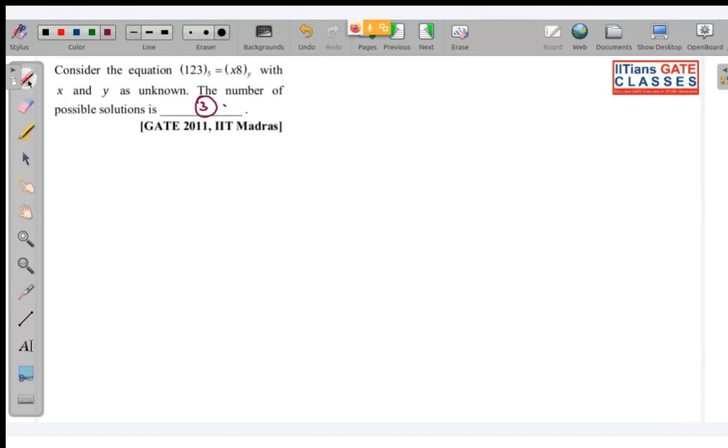Okay. So now in this question, consider the equation with x and y as unknown. The number of possible solutions is? So what will be the possible solutions? So let us solve. Here the base is 5, here the base is y. So this will be 1 into 5 square plus 2 into 5 plus 3 is equal to xy plus 8.